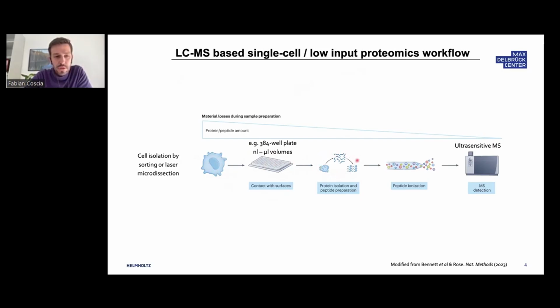We can use, in a very efficient manner, enzymes, typically trypsin, to generate protein fragments, and then separate these small amounts of sample on a liquid chromatography system, and then use an ultrasensitive mass spectrometer in order to measure as deep and as quantitatively as we can the global proteome of these cells.